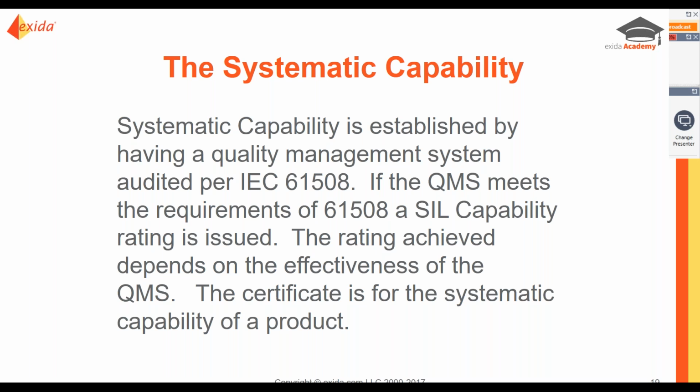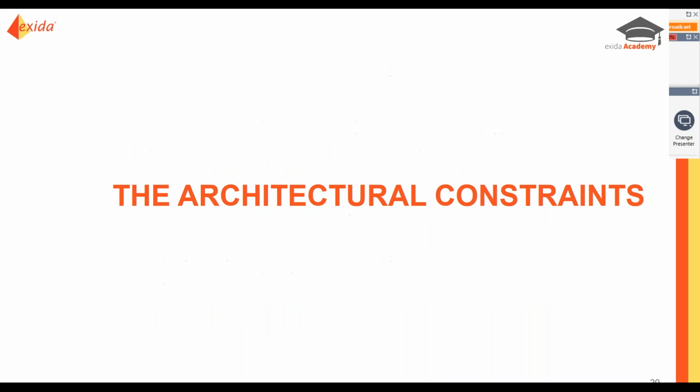And when you see a certificate, this is that big, I'm a SIL 2 product, or I'm a SIL 3 or a SIL 1 product. That's what you're going to see on a certificate, is their systematic capability.